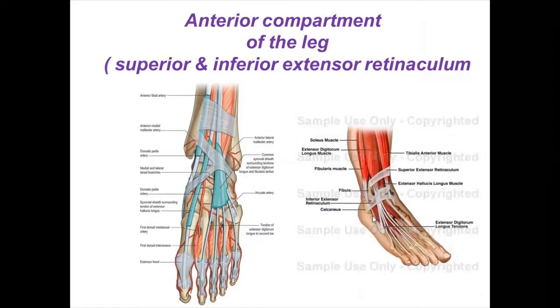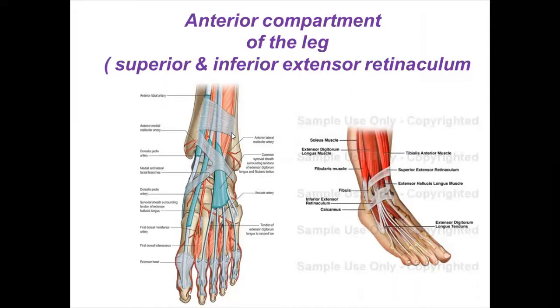There is a retinaculum in the front of the leg. Retinaculum means condensation of the deep fascia. This is a modification of deep fascia. There are 2 retinacula. One is the superior retinaculum and the other is the inferior retinaculum.